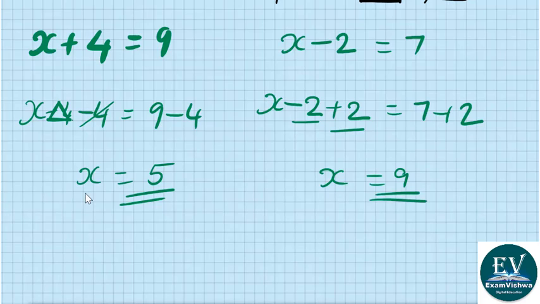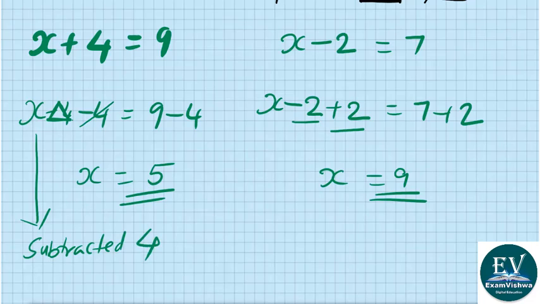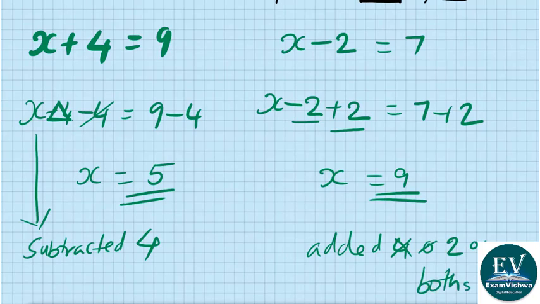So what we did here, in this case, we subtracted 4 from both sides. Right? Here we added, sorry, not 4, 2 on both sides. These are all known stories because you have studied this.